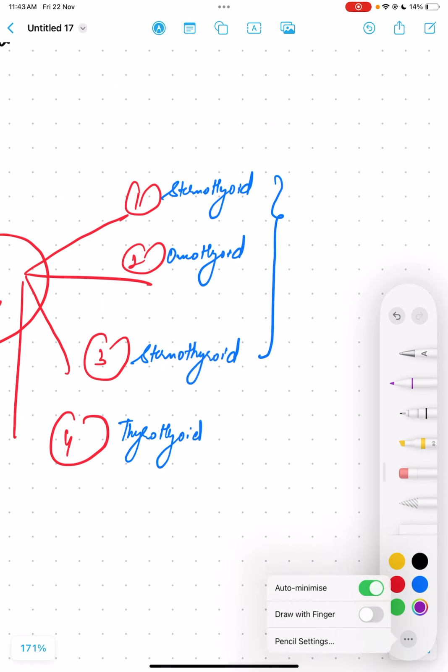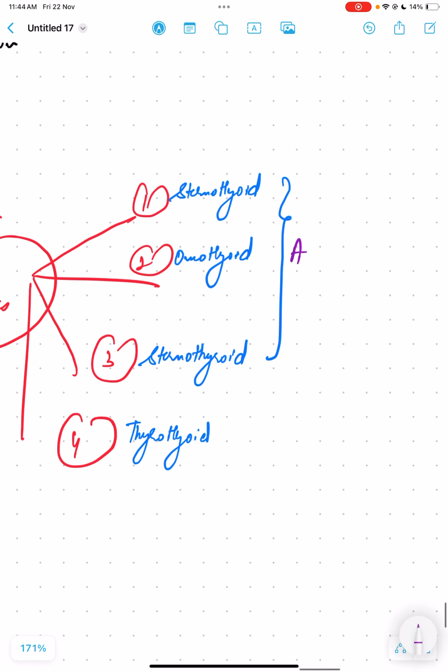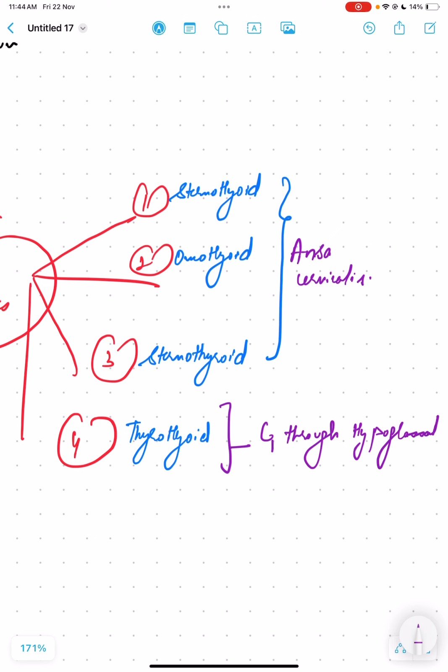While the last muscle, thyrohyoid, is supplied with the help of C1 through the hypoglossal nerve. You should remember this thoroughly. There are basically two muscles supplied by C1 through the hypoglossal nerve. The first one is the thyrohyoid and the second one is the geniohyoid.